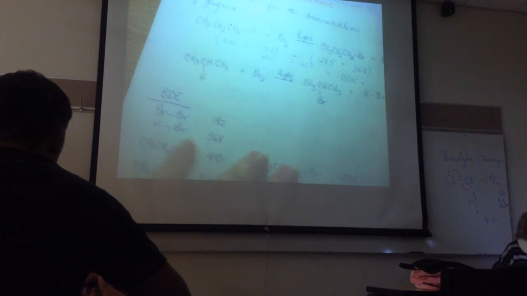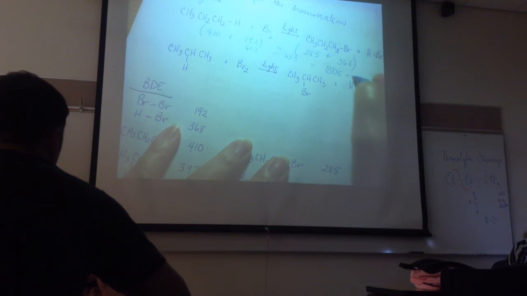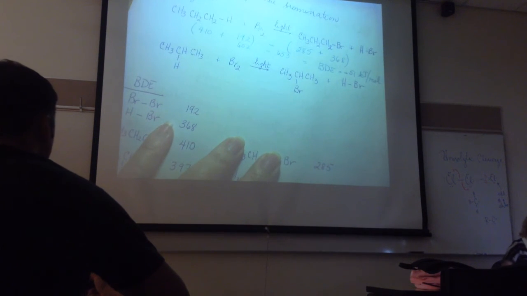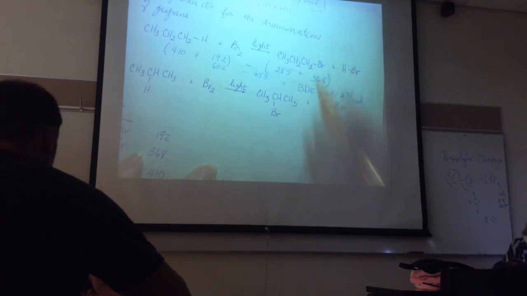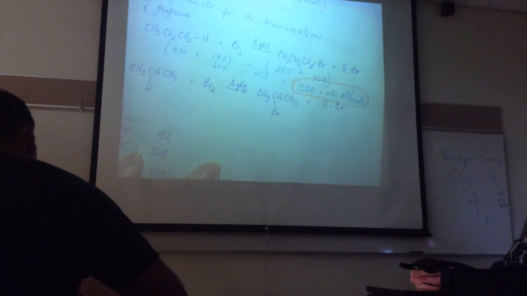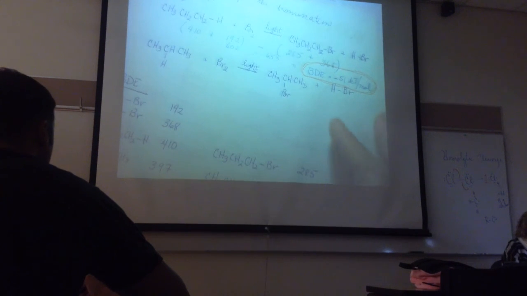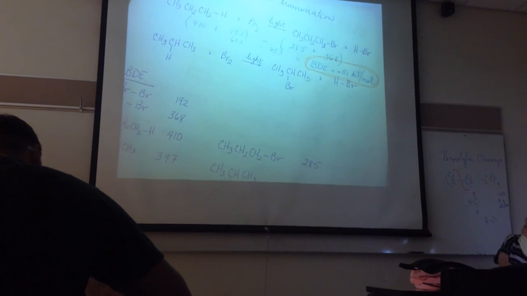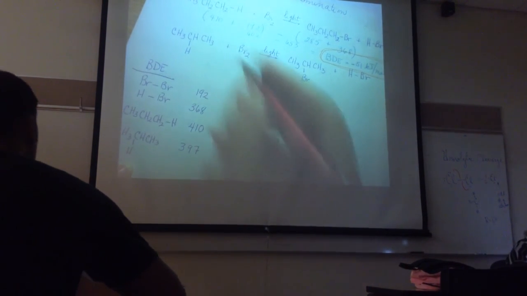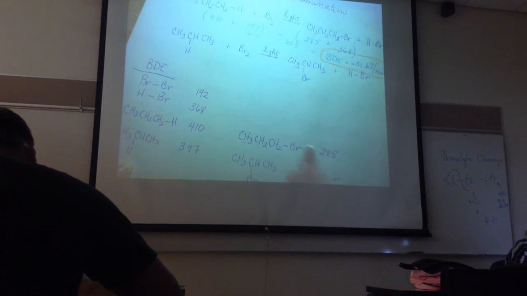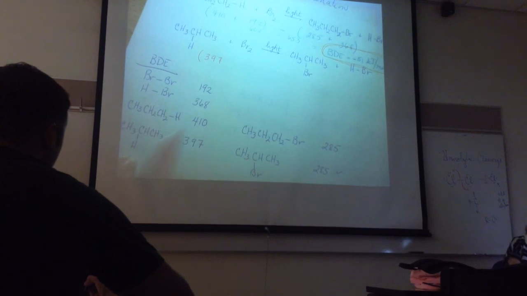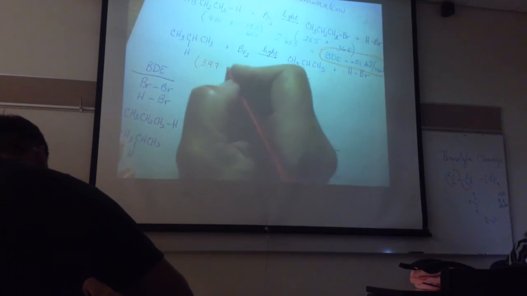So the overall BDE is gonna be negative 51 kilojoules per mole. Okay, I'm gonna make this highlighted, like that. Let's see what's going to happen with the other one. With the other one, it's going to take 397 to break a secondary carbon-hydrogen bond.